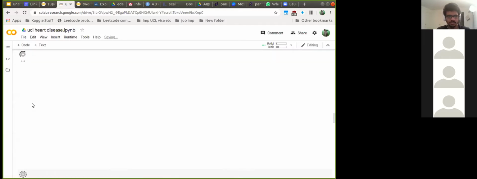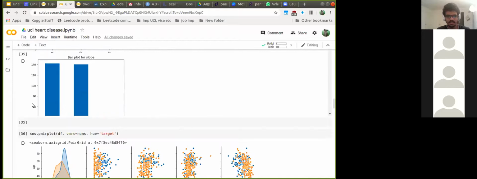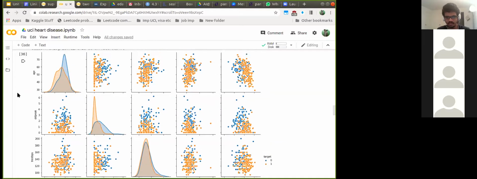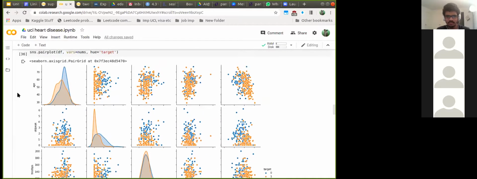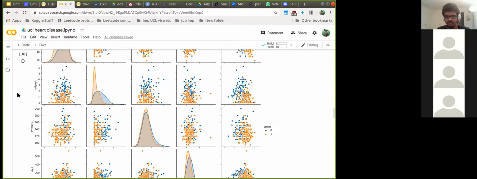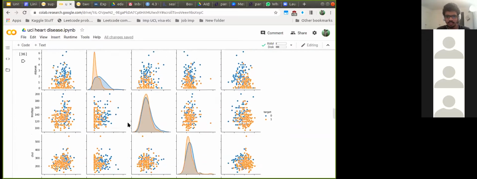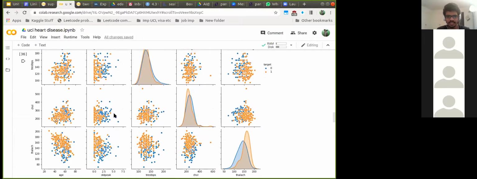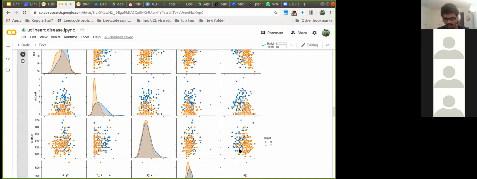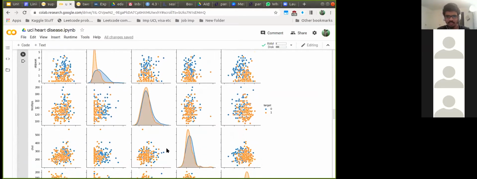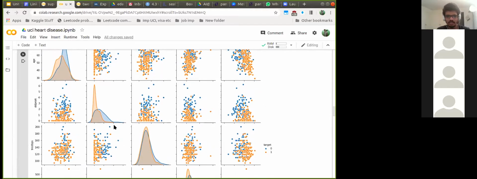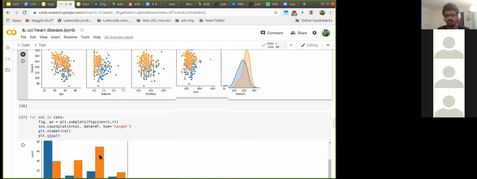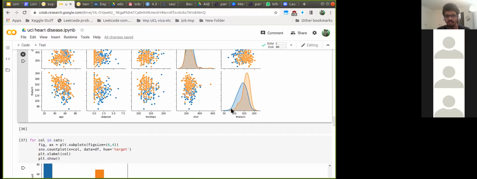We are again going to perform the univariate and bivariate analysis on the same data, and this is the pair plot again for the numerical features. We can look and try to get some information. Cholesterol, this column, has a little bit of skew to the right. Even this column has a skew, this one to the left actually.